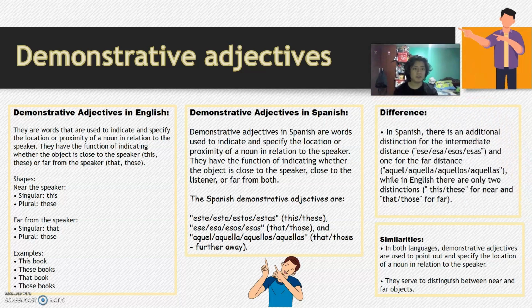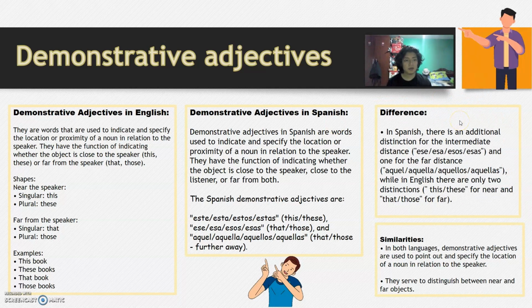In Spanish, there is an additional distinction for the intermediate distance, ese, esa, esos, esas, and one for the far distance, aquel, aquella, aquellos, while in English there are only two distinctions: this or these for near, and that and those for far.